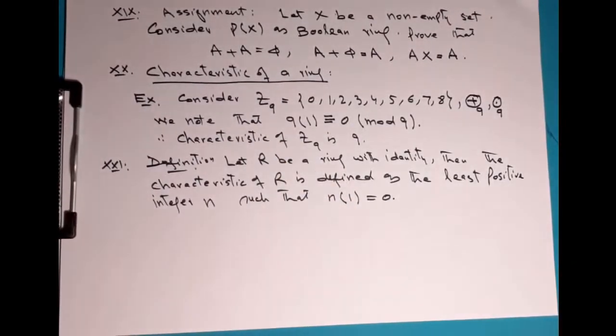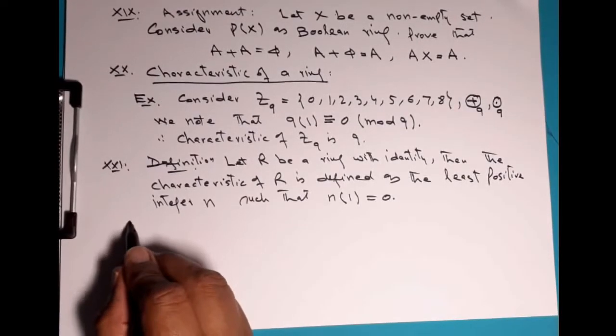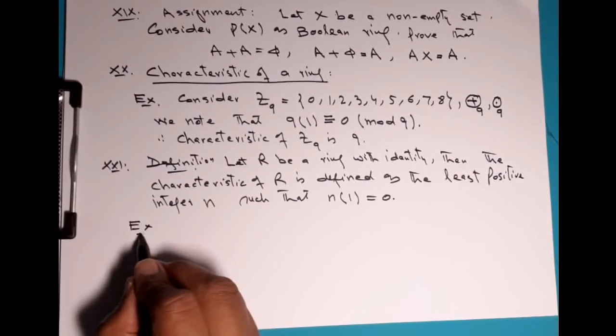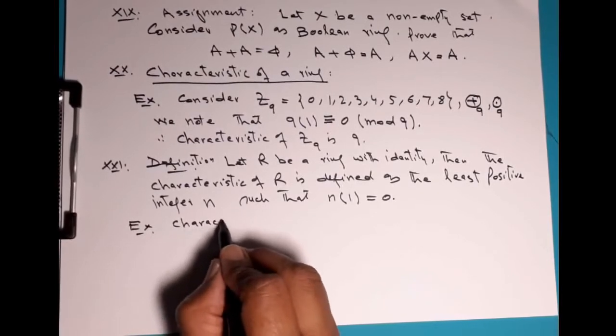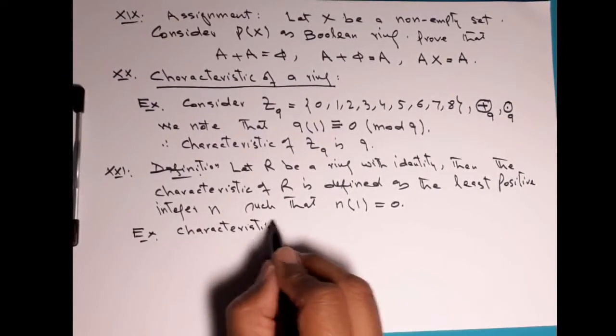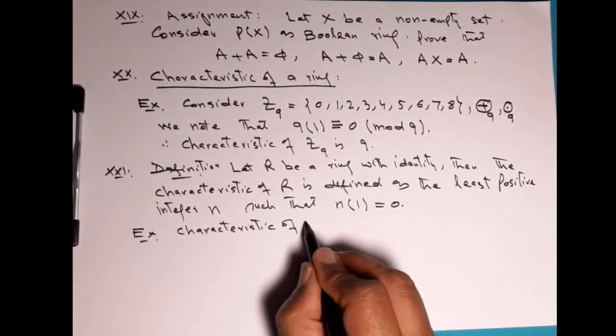as 9 multiplied with 1 is equal to 0 in Z9. So the characteristic of Z9 is 9. Let me write the example. Can you guess what is the characteristic of Z6?